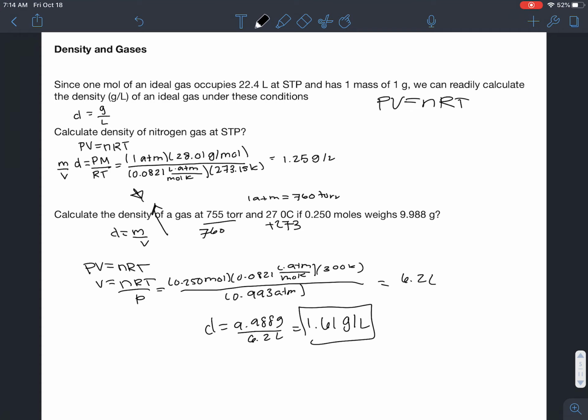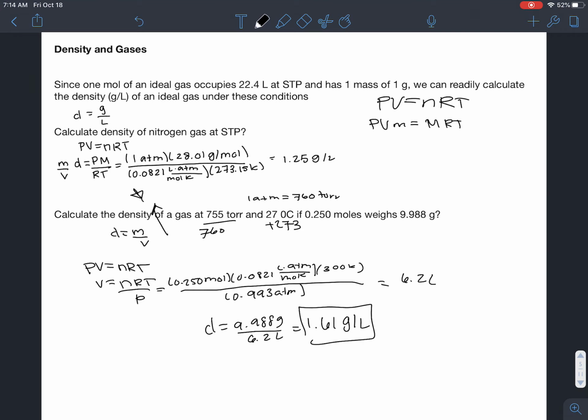Since R has moles in it, and n would cancel out those moles, and we also have mass, instead of writing n, the equation is rearranged to have pressure times volume equal to mass times R constant over T. Molar mass is grams per mole, R is over moles and liters, m gives you grams, so everything would cancel out. Since you want density, you want m over V.